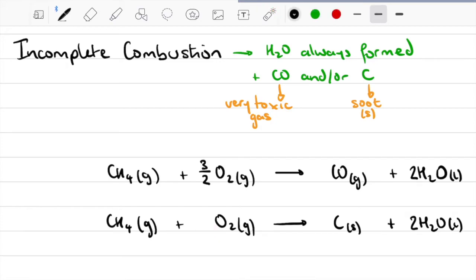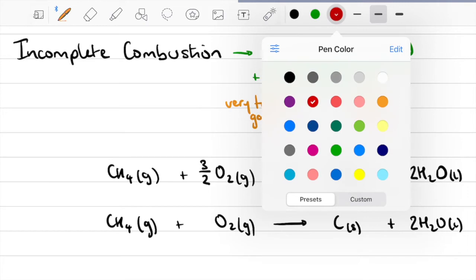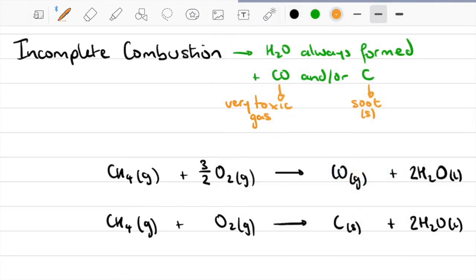The only other thing to say here is that as well as producing either a very toxic gas and/or a particulate, which is not very good for respiratory health, but also isn't very good for engines because that can start to clog them up. So even leaving aside those issues, another reason why incomplete combustion is not something we favour is because the actual reaction itself is less exothermic.